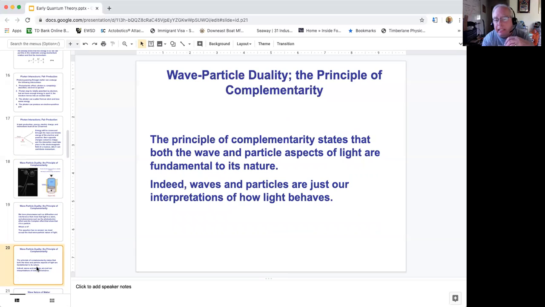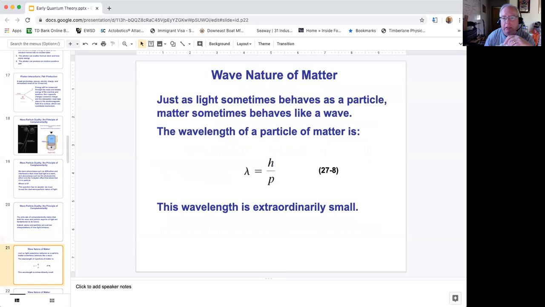Now, if light could behave as a wave and a particle, then what about mass? Can mass have wavelength properties? And the answer is yes. Anything that has momentum is going to have a wavelength. As you can see from this equation, we just take the momentum equation and solve for wavelength.